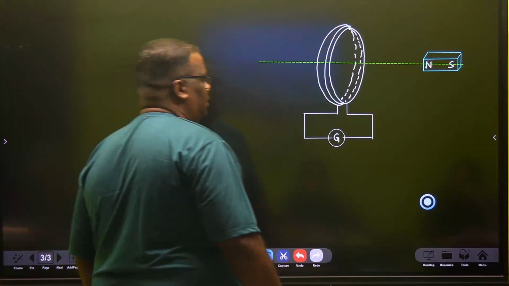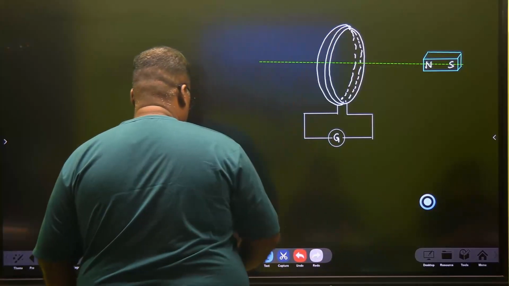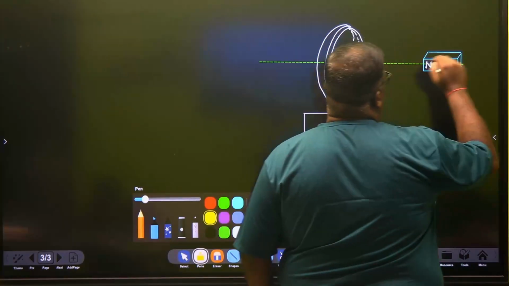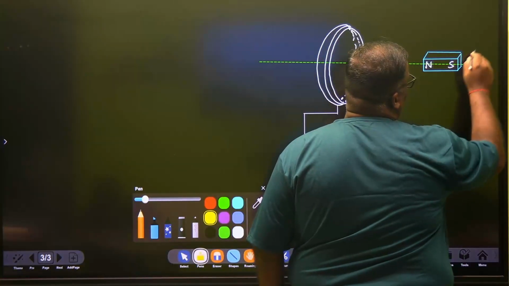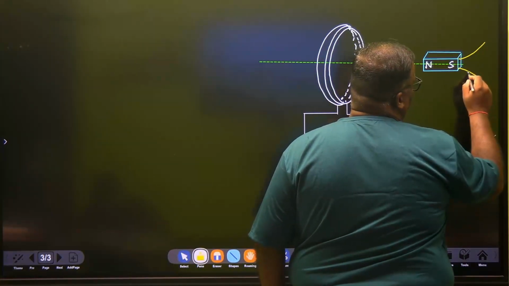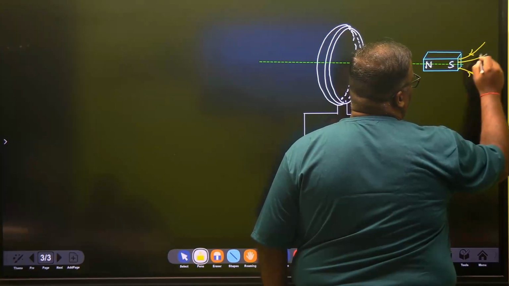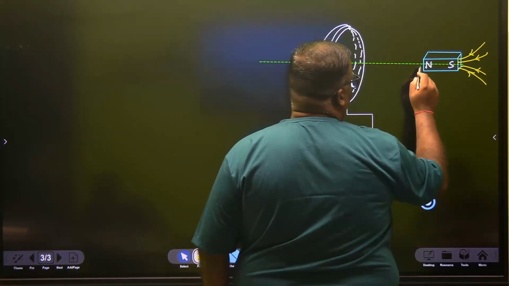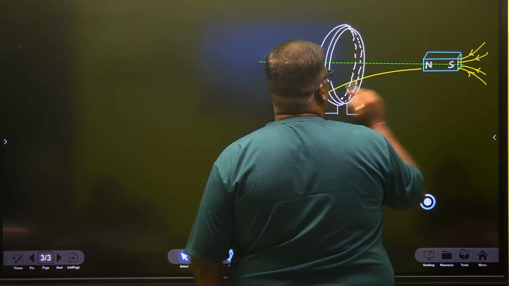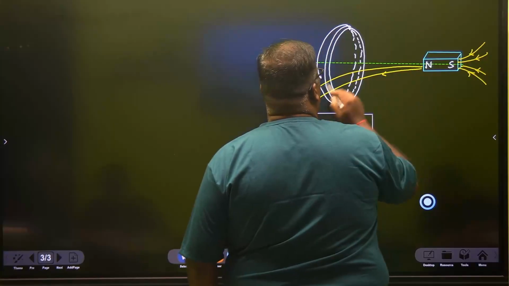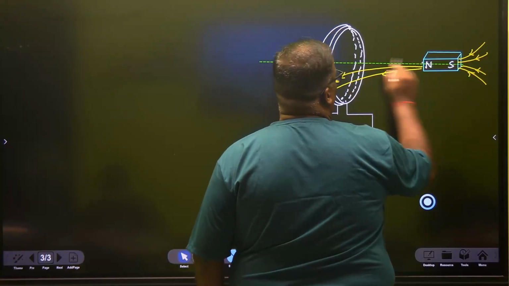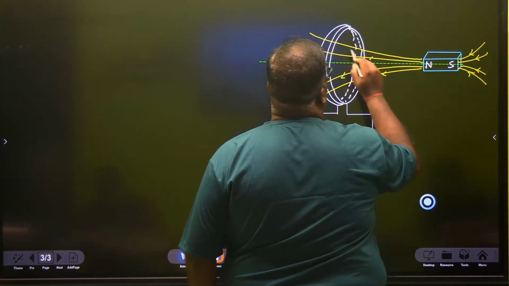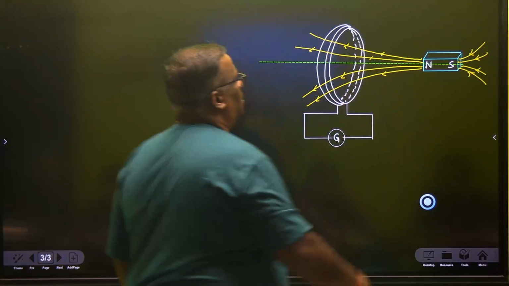Now we will draw our magnetic field lines. They originate from the north and end at the south, so your magnetic field lines will be somewhat like this.